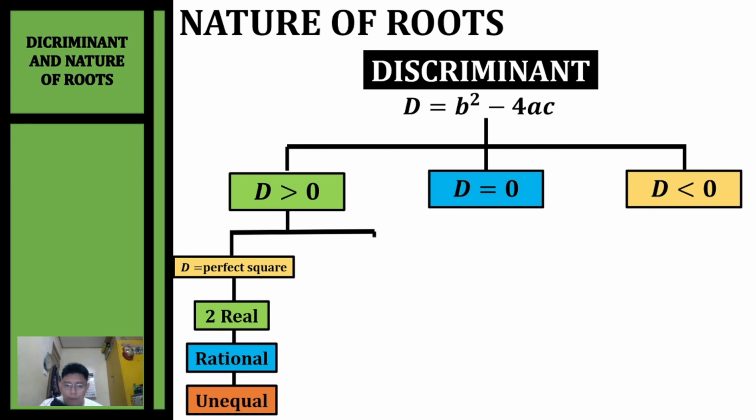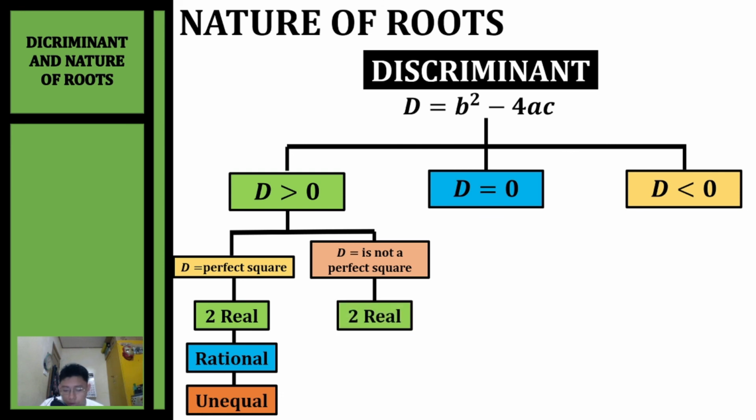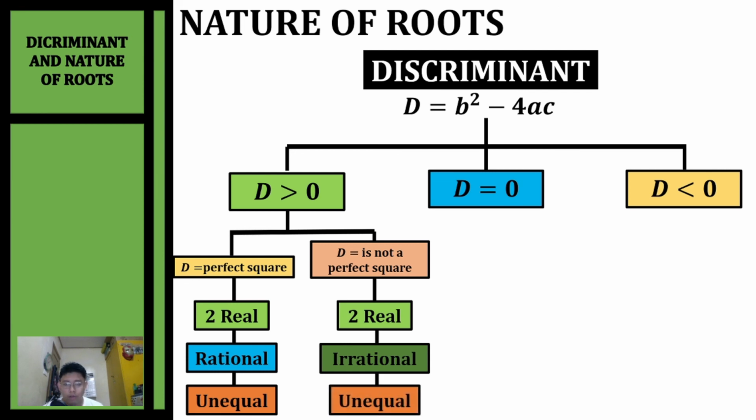Now, what if it is not a perfect square number? Then we will have two real numbers that are irrational and also unequal. So, we will encounter irrational numbers or radical expressions in our zeros.